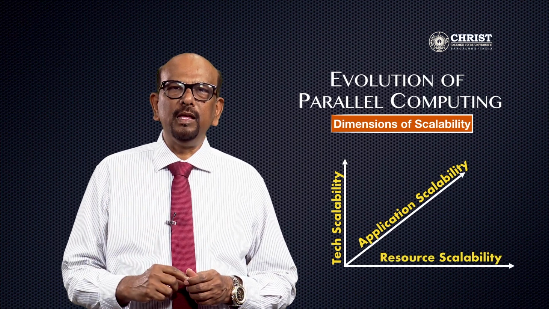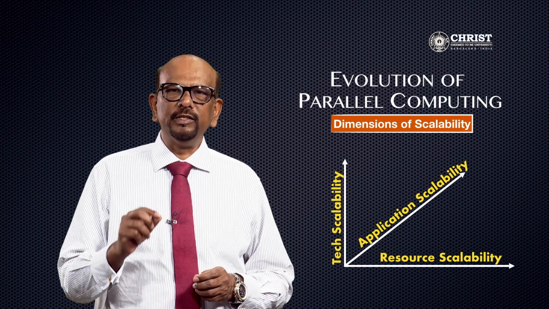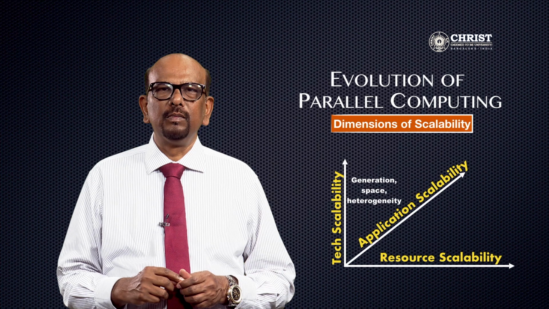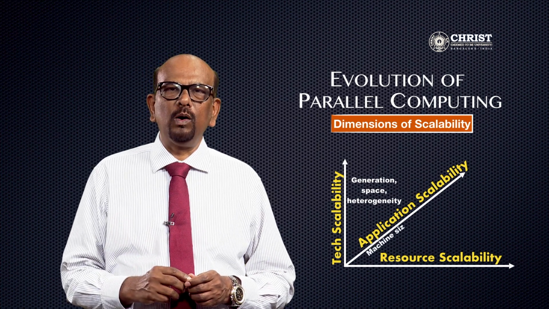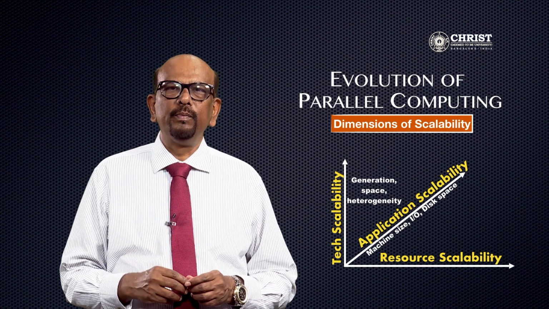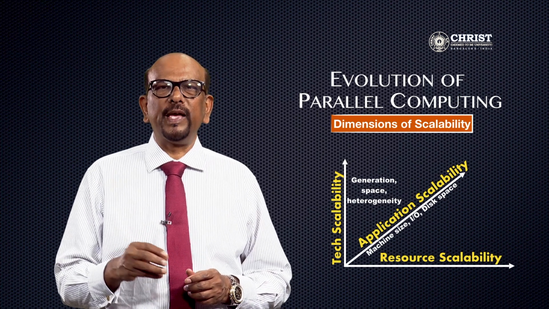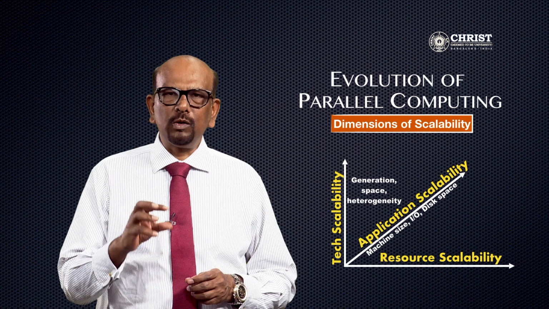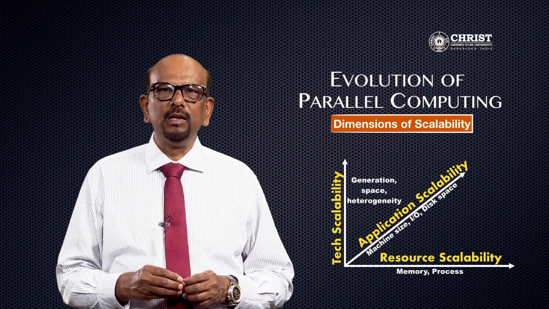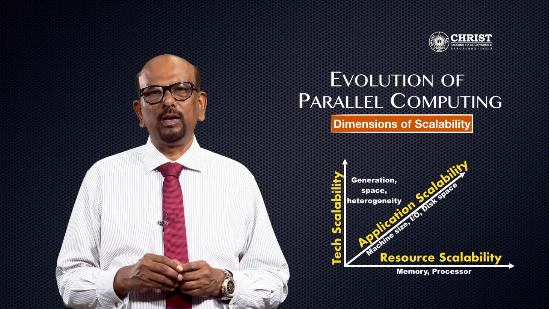Technical scalability is in the generations, space, and heterogeneity. Application scalability is about the size of the machine, input output, and the permanent storage spaces. Resource scalability is about random access memory, processors, and so on.